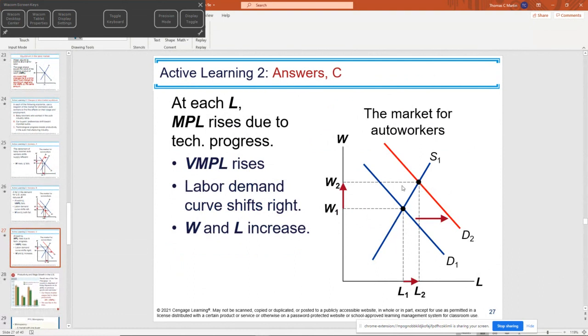With an increase in demand, we'll see the wages go up and the supply of labor go up as well, because you can have more individuals willing to work that were not willing to work in the past. So this area here will be new workers entering the marketplace. We still have all the individuals down here, but now we have new people entering the marketplace. They're willing to work at the higher rate.